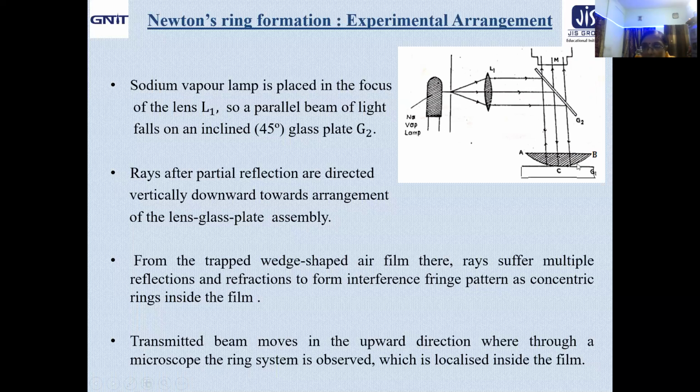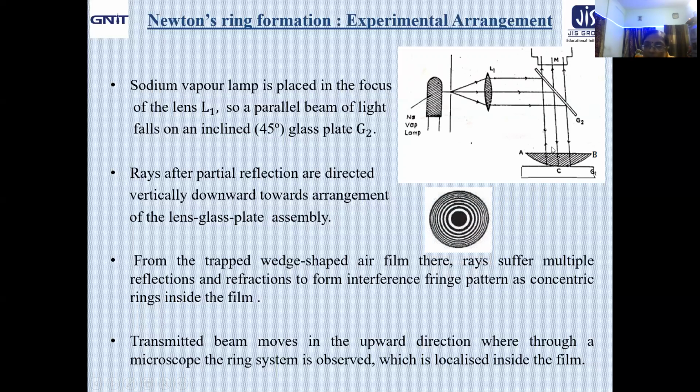Towards this lens glass plate assembly where the air film is trapped, which is a wedge-shaped air film. So rays suffer multiple internal reflections and refractions to form the interference fringe pattern, which is concentric rings inside the film.